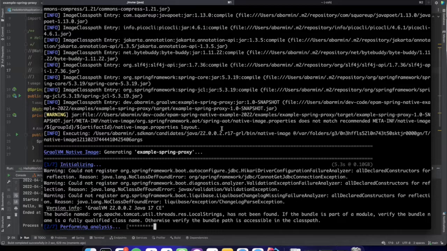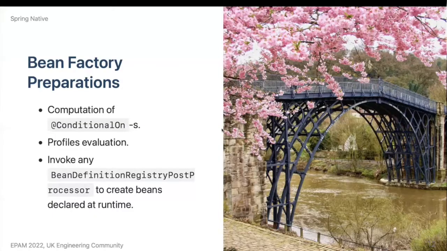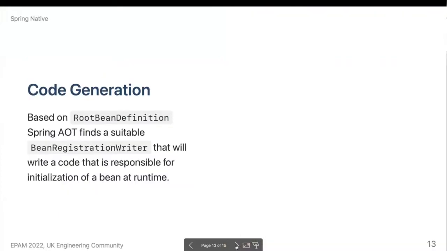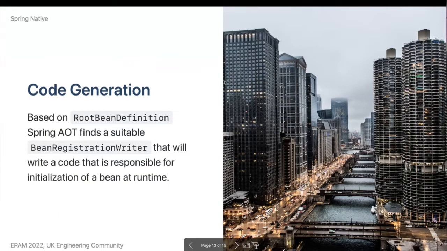And while Spring is doing that, let's get back to slides and talk a little about Spring. So I have already said that Spring AOT does a lot of things for us. It configures bean post processors, it configures conditionals, it evaluates all the conditions in order to build everything during the build phase, right?